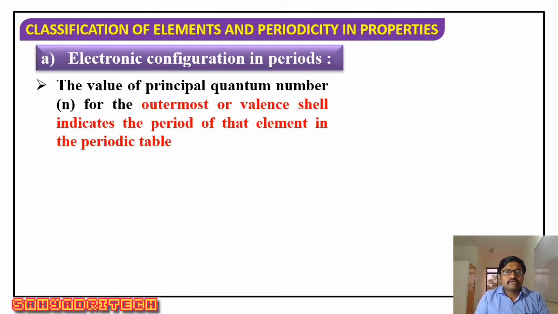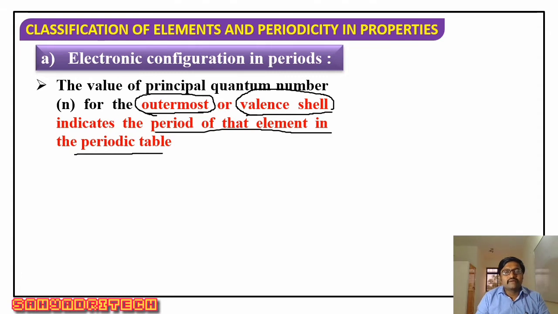The value of principal quantum number n for the outermost shell, also called the valence shell, indicates the period of that element in the periodic table. Remember, the value of the principal quantum number for the outermost or valence shell indicates the period of that element in the periodic table.